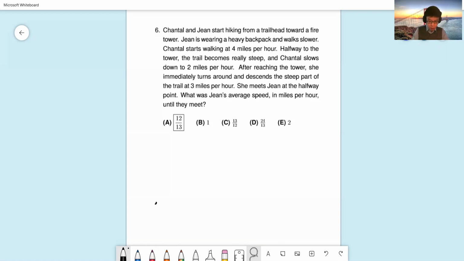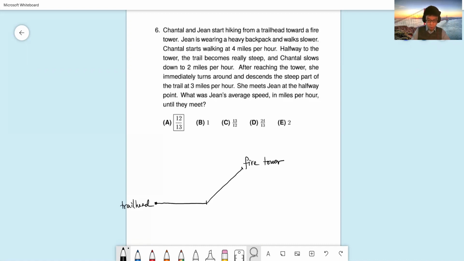Suppose this is the trailhead. For the first half of the trail, it is good. After that, it becomes very steep. So this is a trailhead, and this is a fire tower.